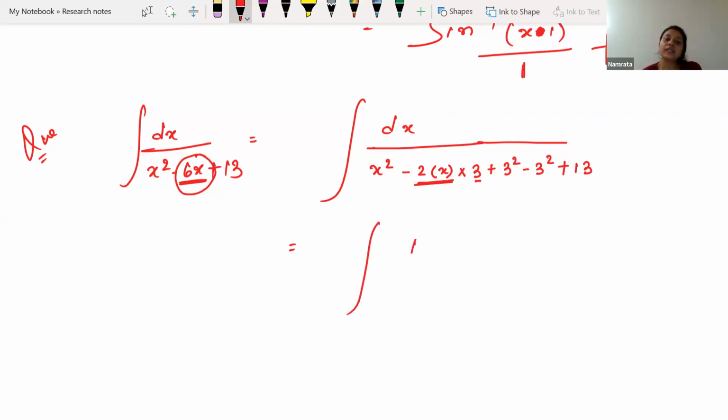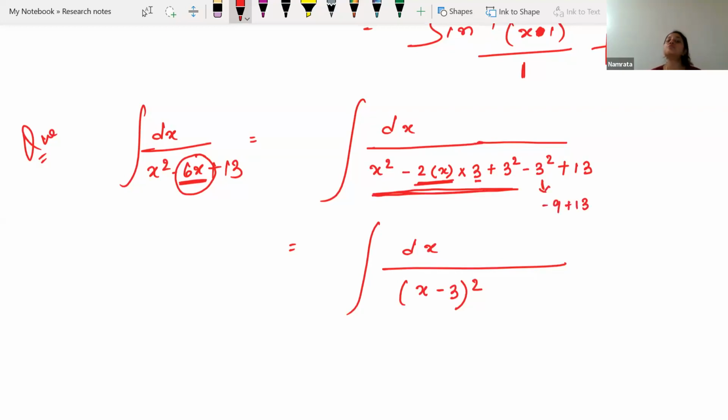Okay, now dx over this became a minus b whole square. This total term I have taken together. And this minus 9 plus 13 will get absorbed with each other. So 9, 10, 11, 12, 13, 4. Positive 4 we are having over here.